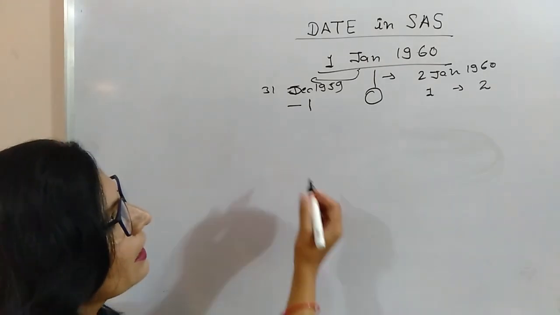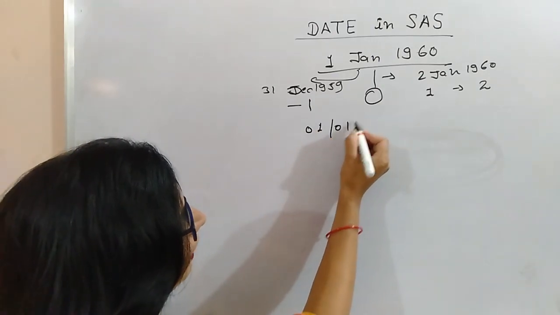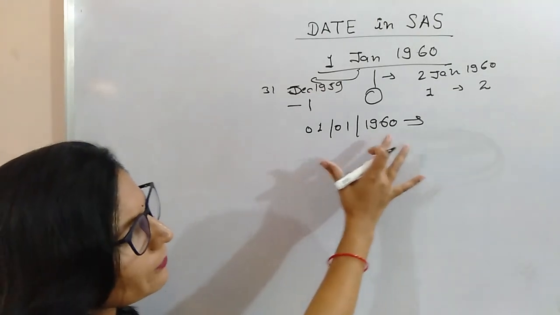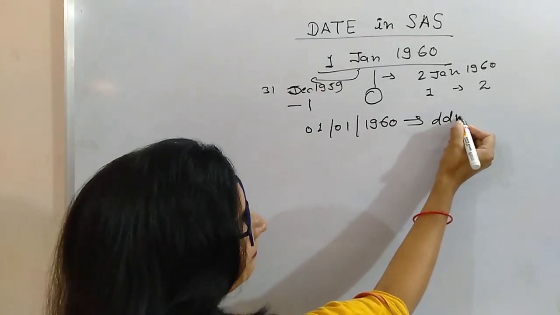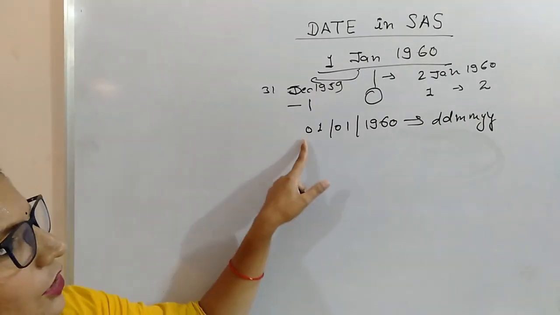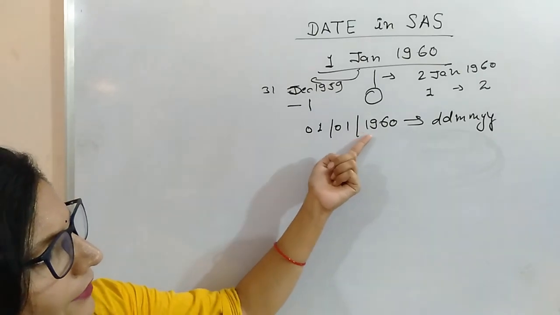So let's say you write a date in this form: 01/01/1960. That is DDMMYY format. And what is the length of this? 0, 1, this is 2, 3, 4, 5, 6, 7, 8, 9, 10.